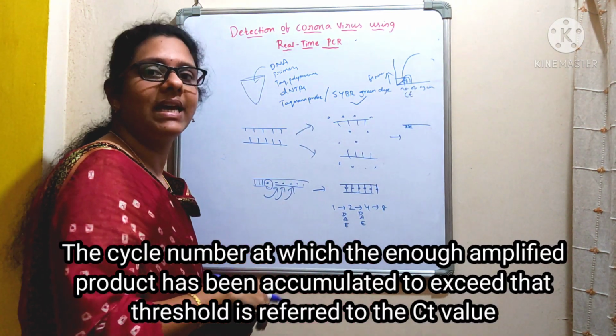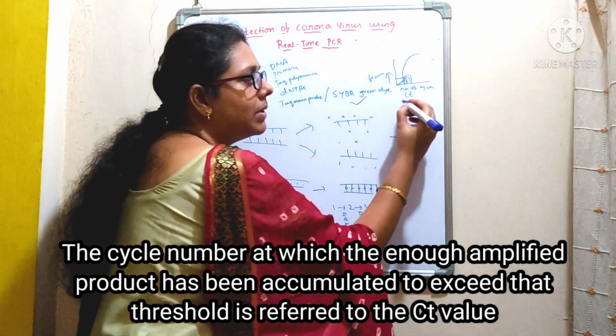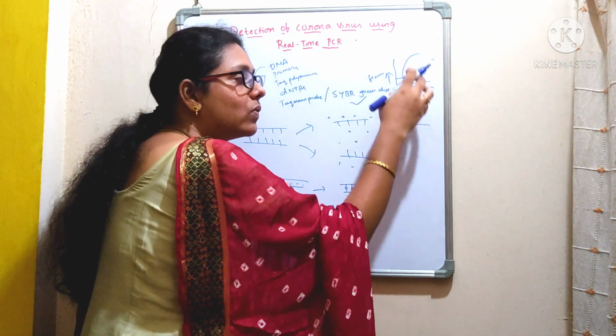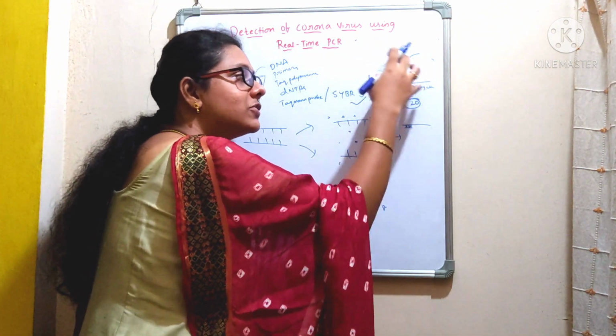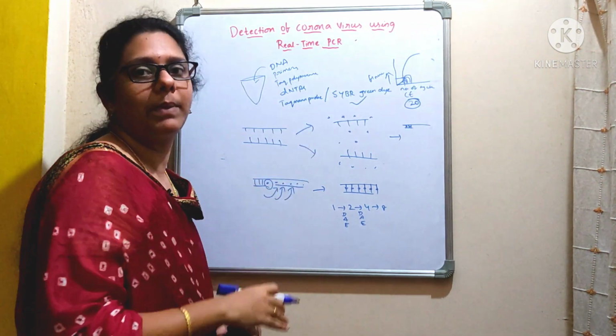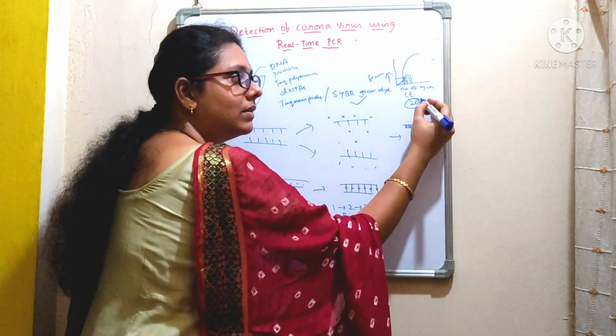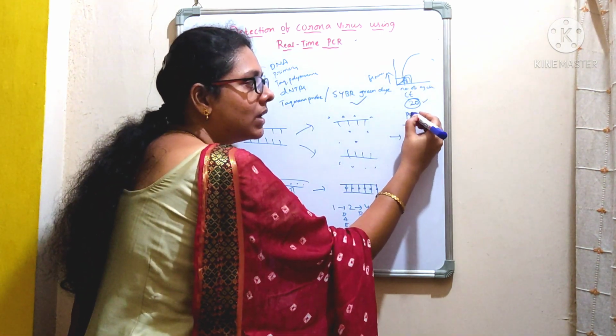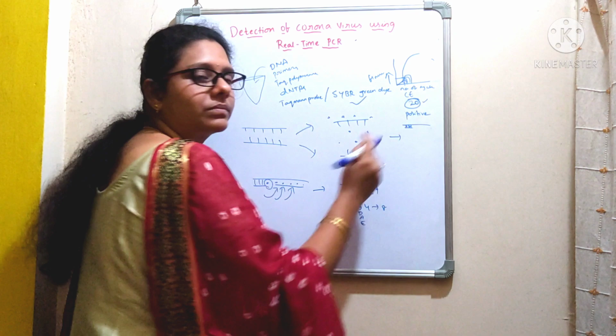CT stands for the cycle threshold value. For example, if the CT value is 20, that means it took 20 cycles to detect a sufficient amount of the gene or PCR product of that particular patient. And see here, the 20 value is less than 35, right? And he will be given a report of positive.